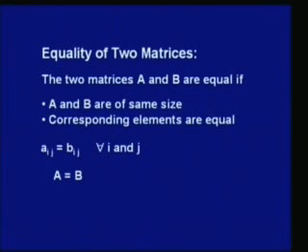So if the two matrices are of same size, then they may be equal if one more condition is satisfied, and that condition is that the corresponding elements are equal. That is, Aij is equal to Bij for all values of i and j. In such case, we say that the matrix A is equal to the matrix B. If the two matrices are not of same order, they cannot be equated.